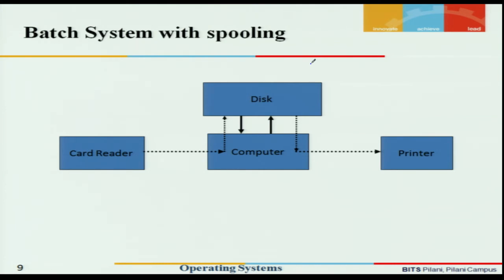The card reader was used to read the cards, and the information was stored on the disk, and the computer would read data from the disk rather than directly reading it from the card reader, primarily because disks were relatively faster compared to the card reader.